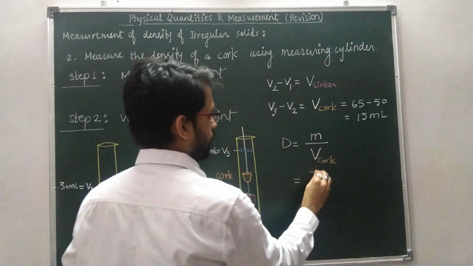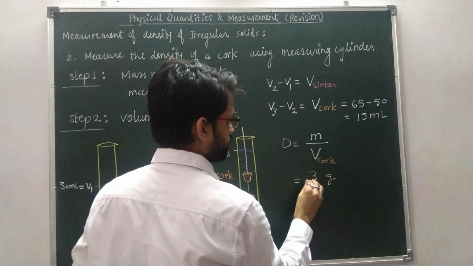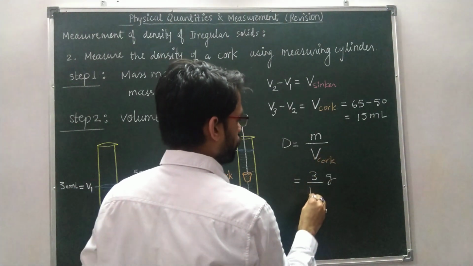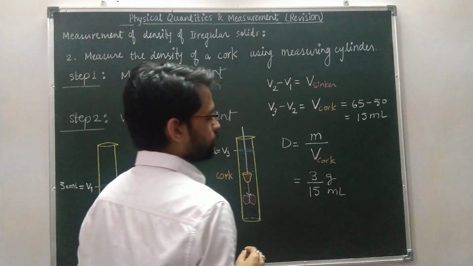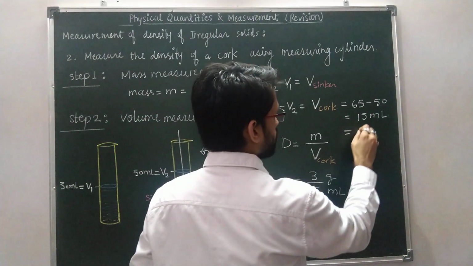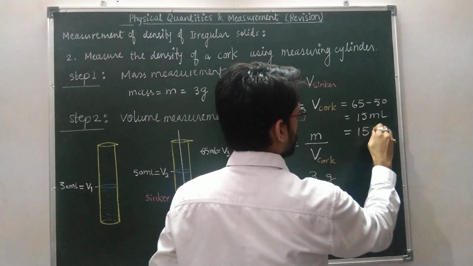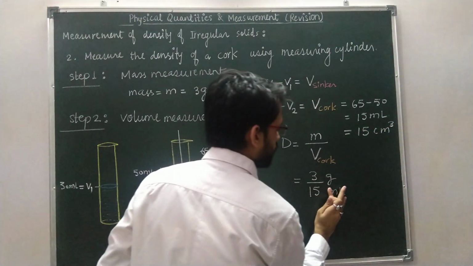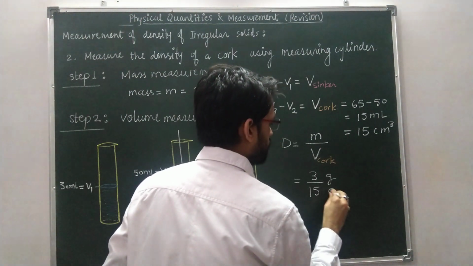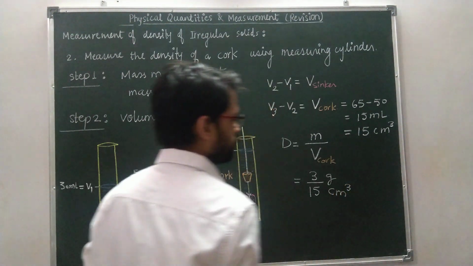Mass is 3 gram divided by volume is 15 ml, and 15 ml can be written as 15 centimeter cubed.